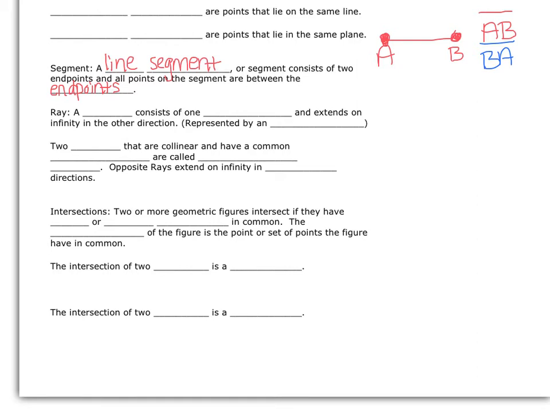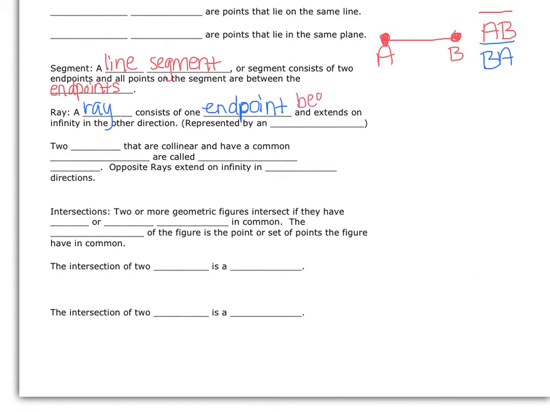All right, kind of combining a segment and a line is a ray. So a ray consists of one end point and one arrow. So it's going to have a beginning point, that's the end, okay? And I want you to think, I know it's really weird, but this end is really the beginning.